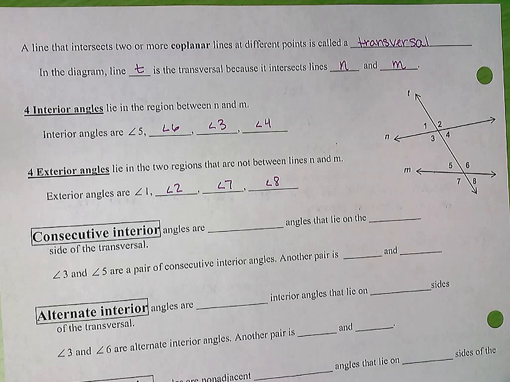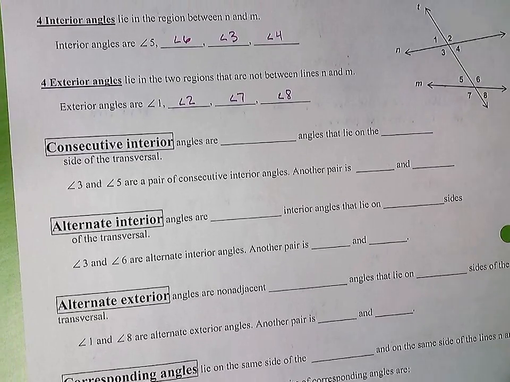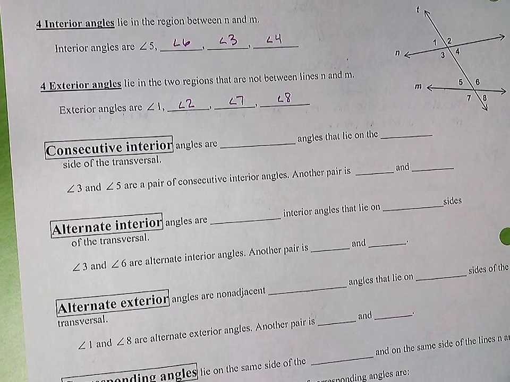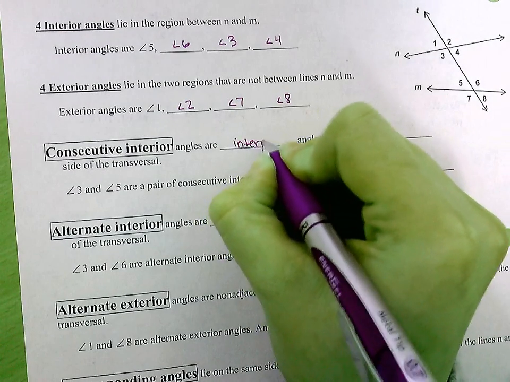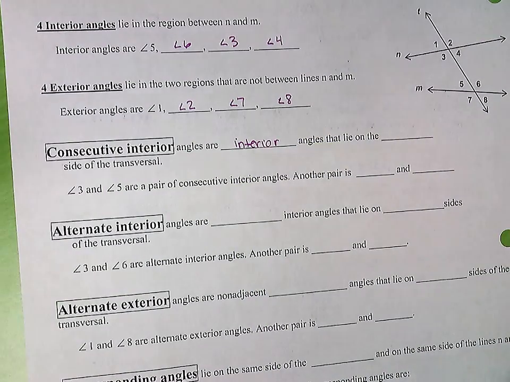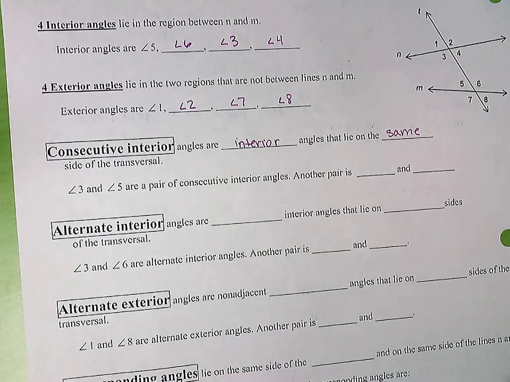Okay, so we have interior angles and exterior angles. Now we do have some more specific names for some of these angle pairs. So we have consecutive interior angles. Consecutive interior angles are interior angles that lie on the same side of the transversal.